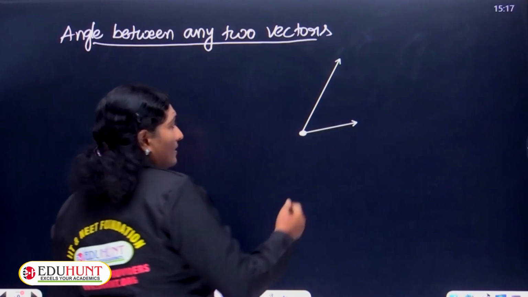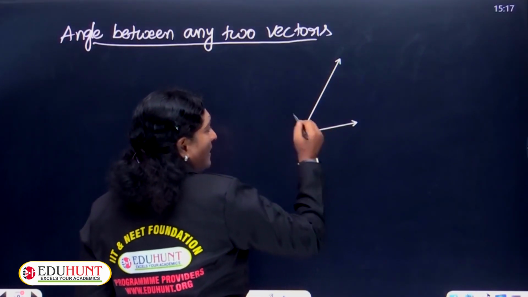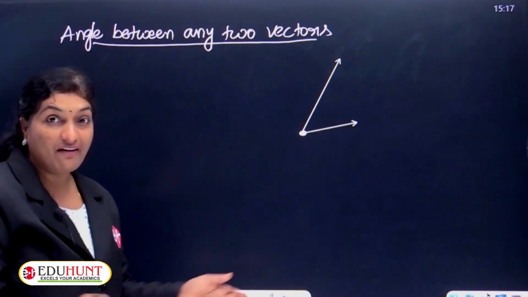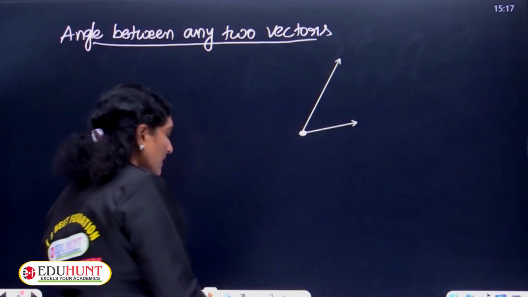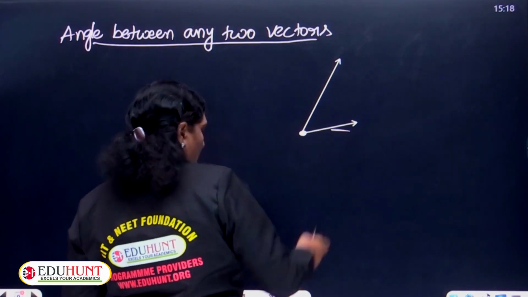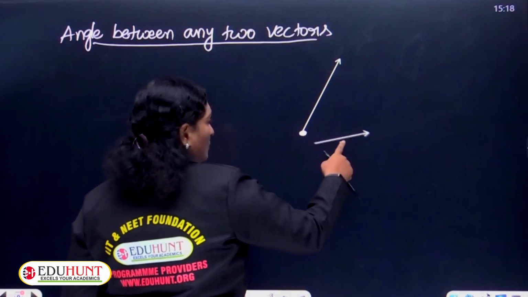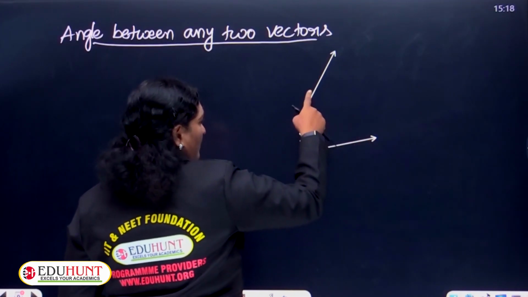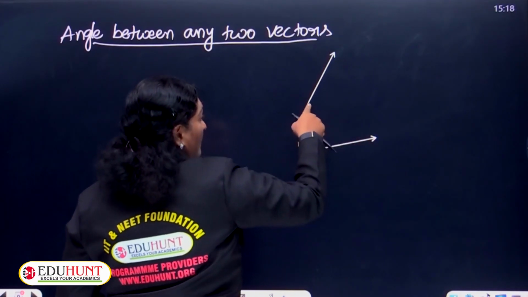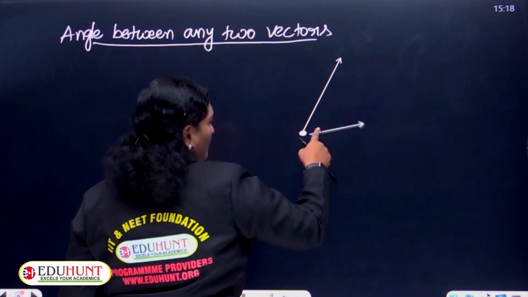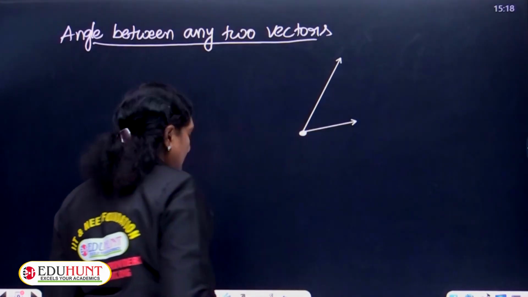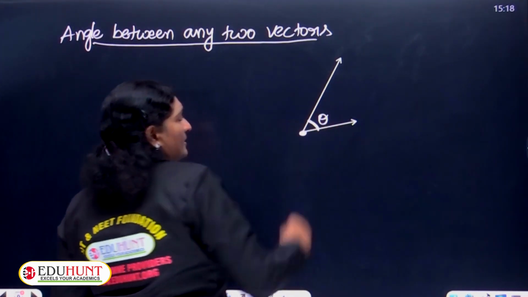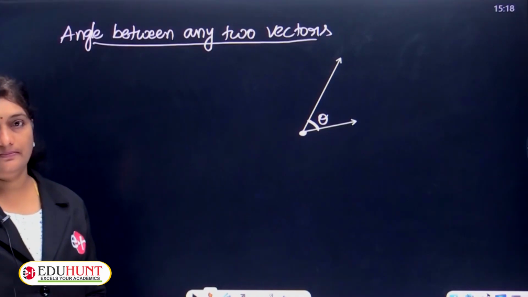So, whenever these vectors start from a point and move away from that point, such that the two tails of the vector, this is called the tail of the vector and this is called the head of the vector. Here tail and here head. Such that two tails of the vector join together, then the angle between the two vectors is measured.